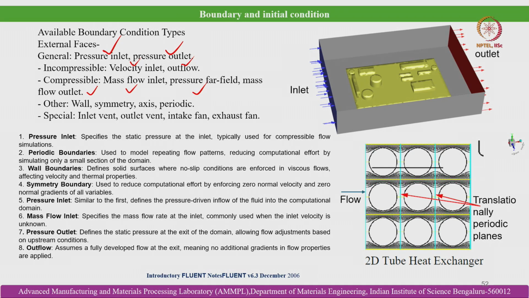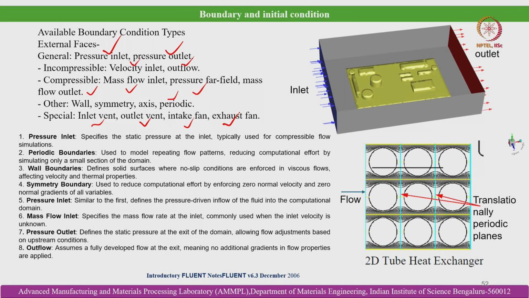The other boundary conditions to describe the flow physics, which are also applicable in case of phase transformation like liquid to solid transformation, which is intrinsic to casting solidification processes, are wall, symmetry, axis as well as periodic boundary condition. And there are some special boundary conditions available to describe the flow pattern and flow physics like inlet vent, outlet vent, intake fan and also exhaust fan.